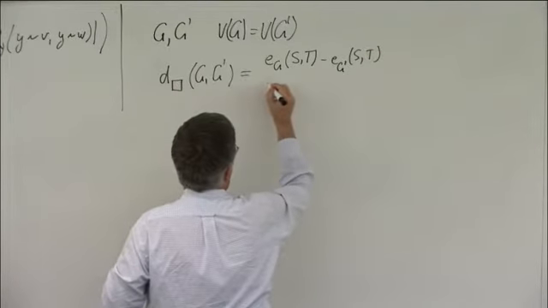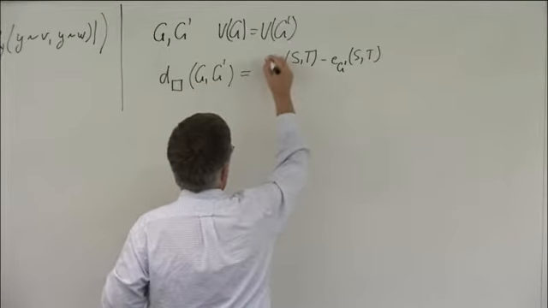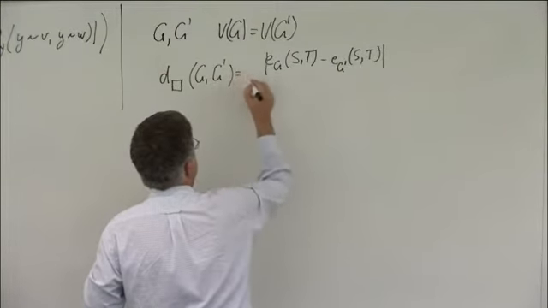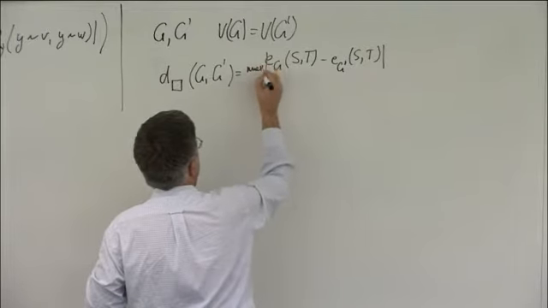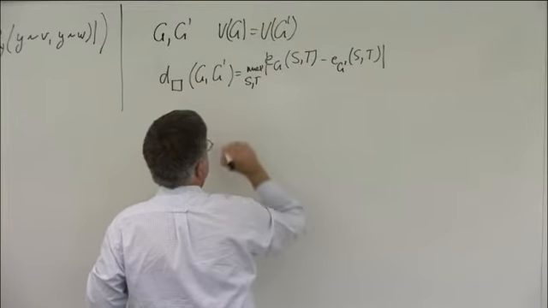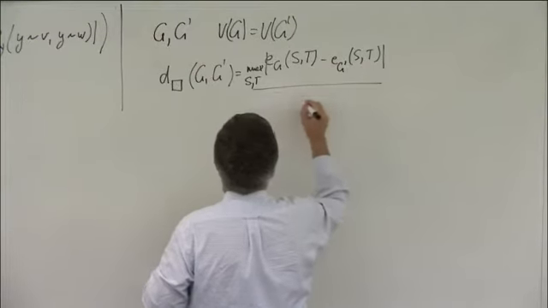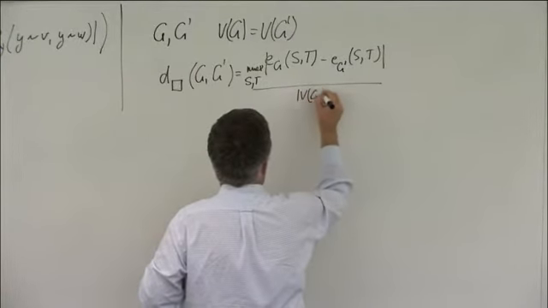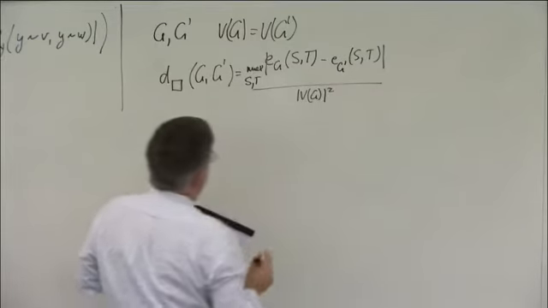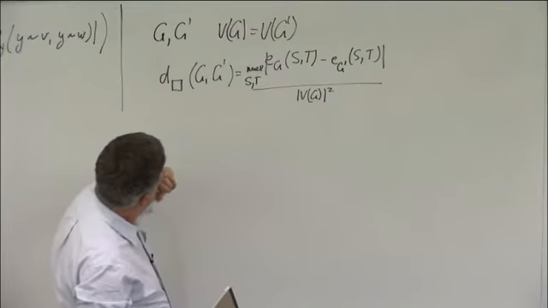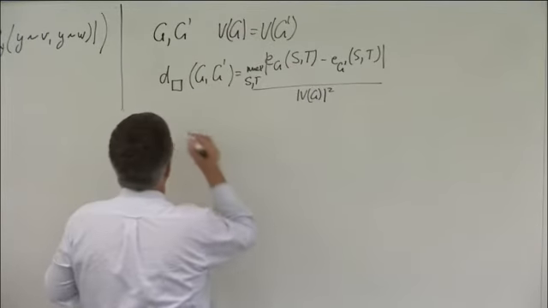And I take this difference, and I need to take the maximum of this over all sets S and T, and I have to normalize this, and I normalize by the square of this common underlying set size. That's called the cut distance.